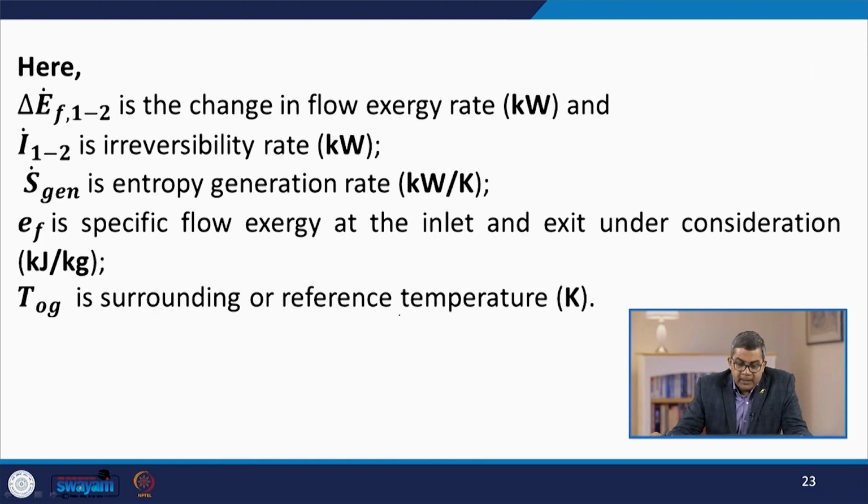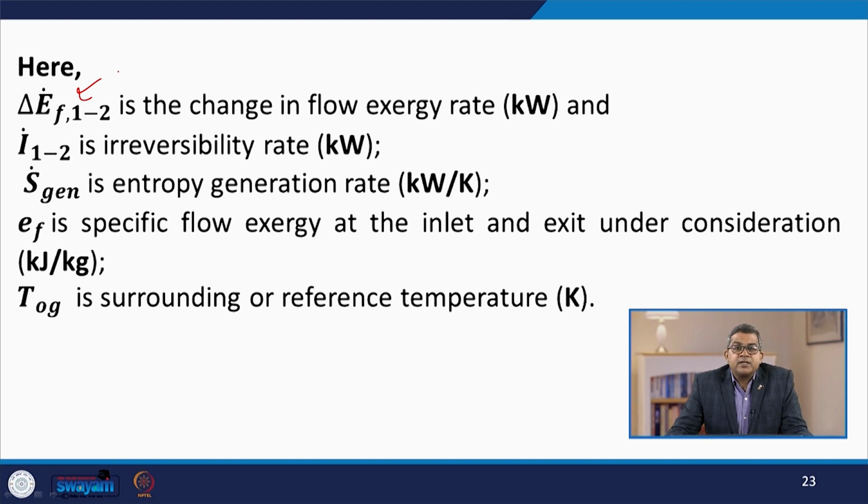Here delta EF 1 to 2 is the change in the flow exergy rate, having the unit of kilowatt, and I 1 to 2 is the irreversibility rate from station 1 to 2, again having the unit of kilowatt.